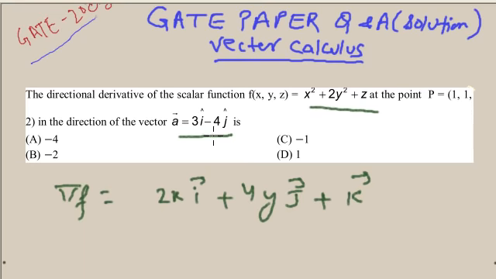So this is del f, and the direction is this. What you require to do is first dot multiply this and this.